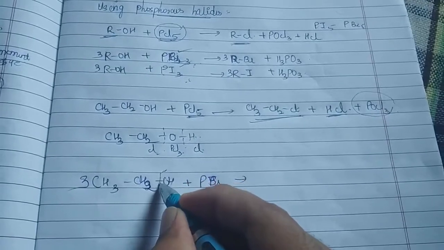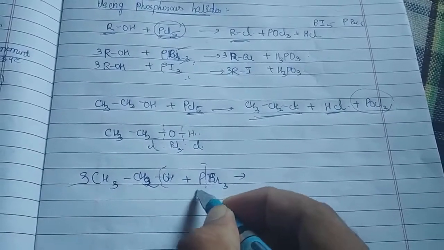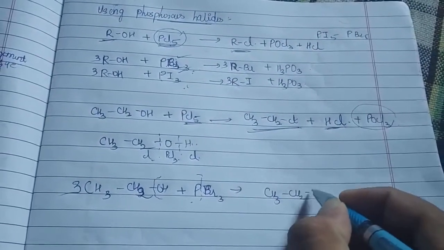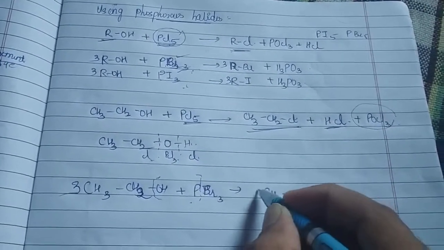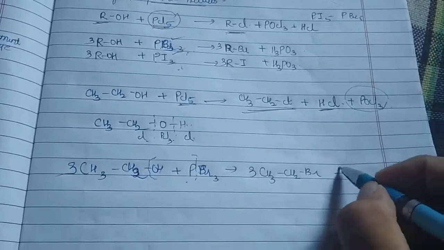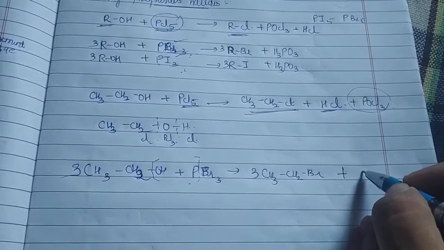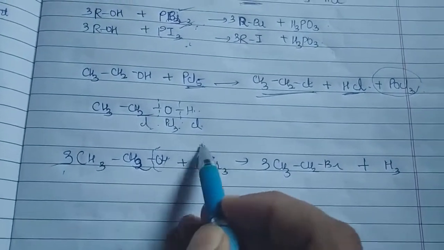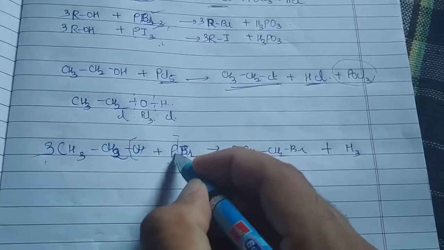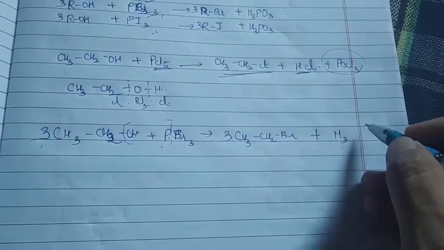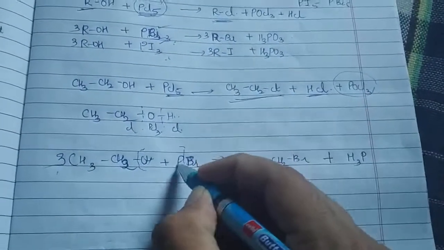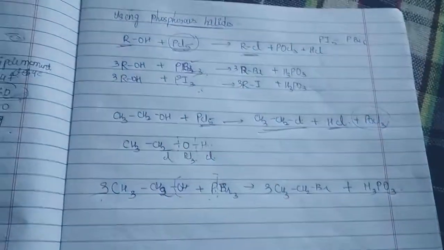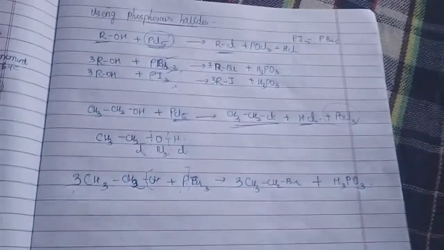Again CH3CH2Br, since there are 3, 3 CH3CH2Br plus what's the next thing you have to write? H3, you can write OH three times, H3, then P1, then O3. Able to understand? These are the things you should keep in your mind to remember it.